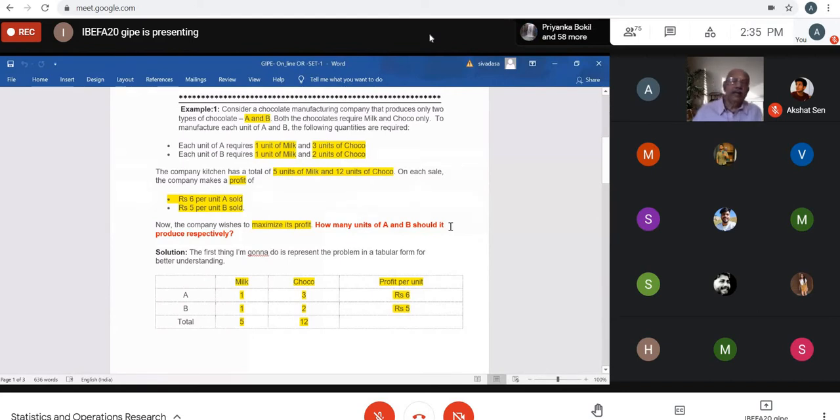So very clear. This is a simple problem, but not the problems are like this. Very complicated problem also I will tell you. It will take hours to think. Is the reason I say you require a best mathematical aptitude and logical thinking. No formula anywhere. So this information, I put it in a tabular form.